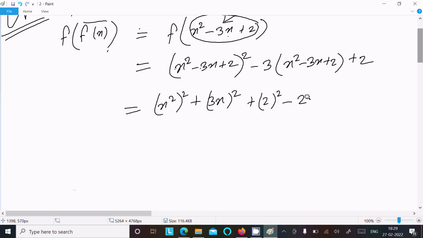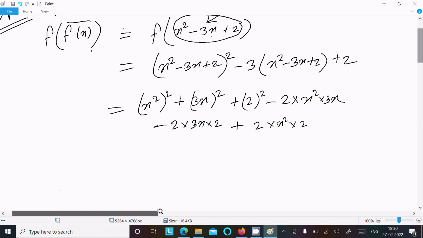So minus 2 times 3x times x², then minus 2 times 3x times 2, and then 2ca, 2 times x² times 2.